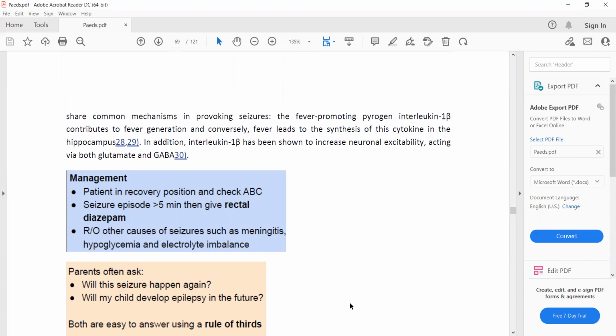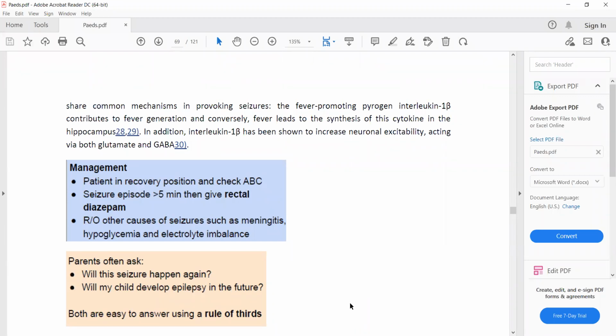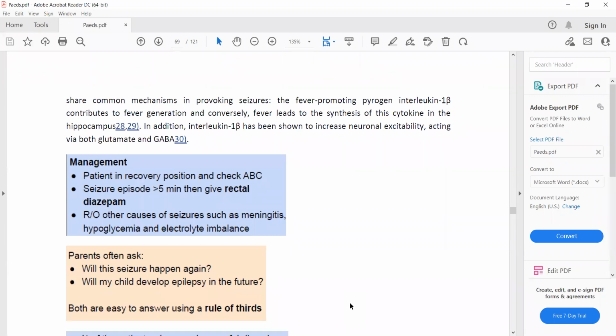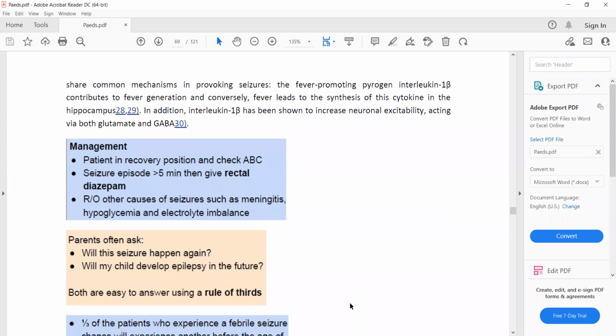Patient with febrile seizures, first of all, we need to put the patient in a recovery position and check airway, breathing, and circulation. And if the duration of the seizure is less than 5 minutes, then we only need to give antipyretics such as paracetamol. And if the seizure episode is more than 5 minutes, then we will give rectal diazepam.